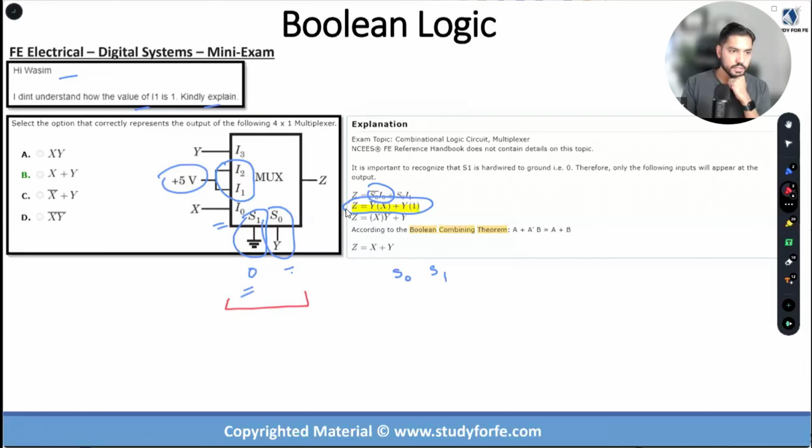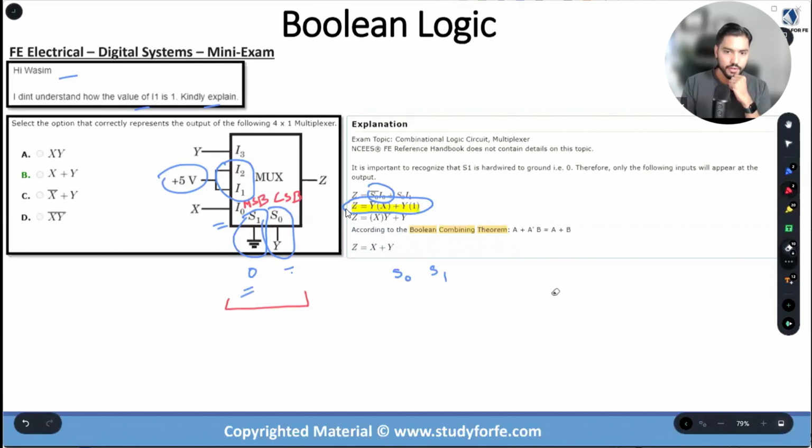What do we look at? Subscripts, correct? So S0 will be MSB or LSB, guys? S0 will be LSB, right? It is the least significant bit. And S1 is going to be an MSB, right?